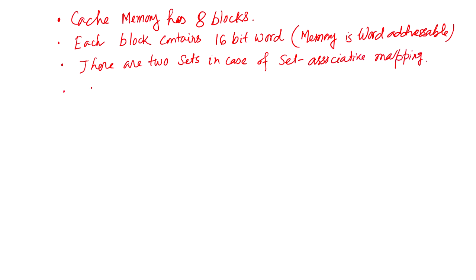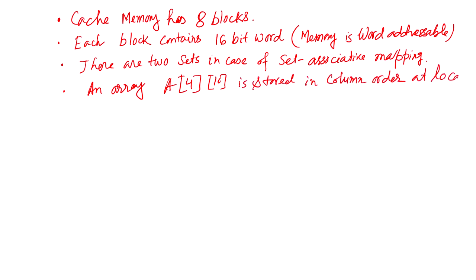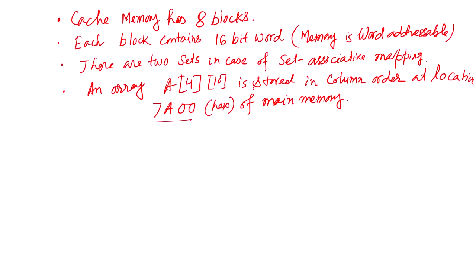And there is an array, let us say A 410, stored obviously in main memory. So, in summary, we have a cache memory and a main memory, as you can see, and it is in hex.